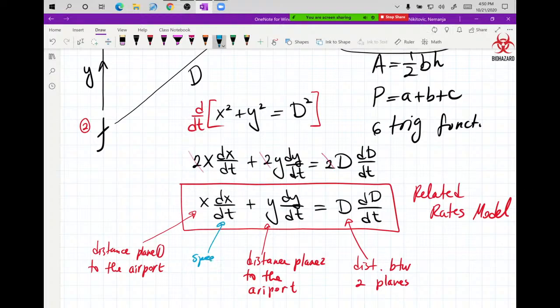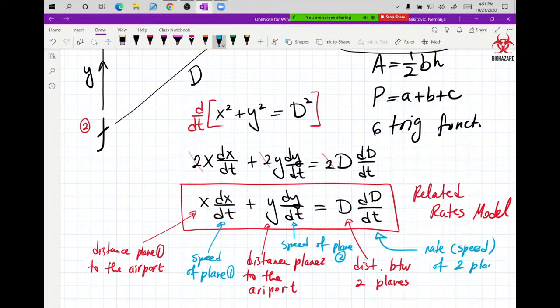Speed of plane 1. This is the speed of plane 2. And this is the rate, the speed of the two planes getting closer.